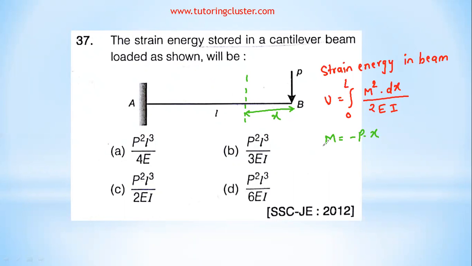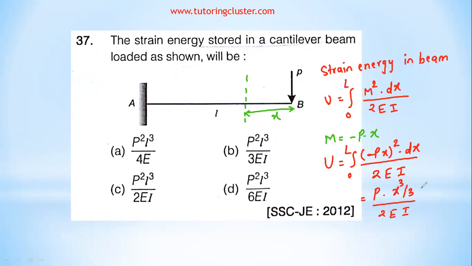So U is equal to integration of 0 to L, minus Px bracket square into dx upon 2EI. So what you will get? P square into x cube upon 3 upon 2EI, limit varies from 0 to L. So what you will get? You will get P square L cube upon 6EI, right?